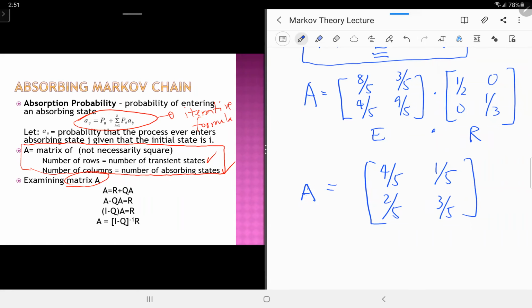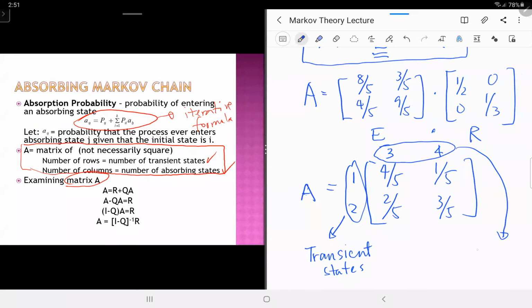Because as I've said, this is your transient states. It so happens that for this sample problem, you have the same number of transient states as absorbing states. So this is absorbing state 3 and 4 here. So these are your absorbing states.